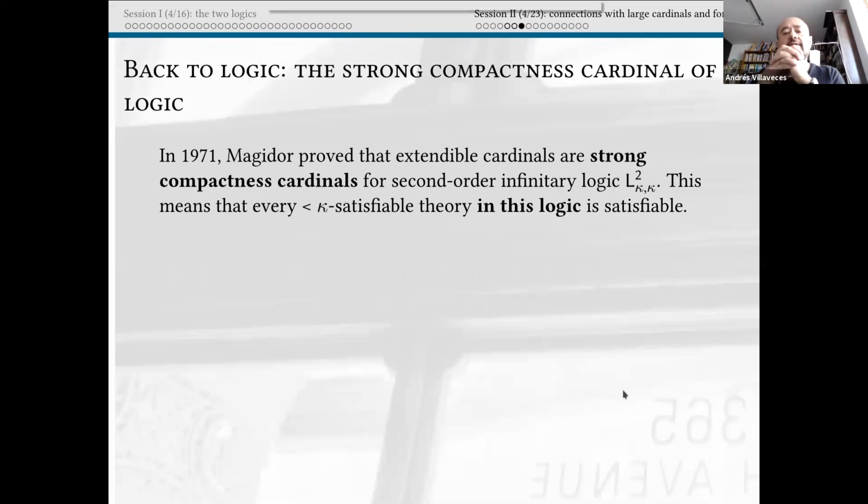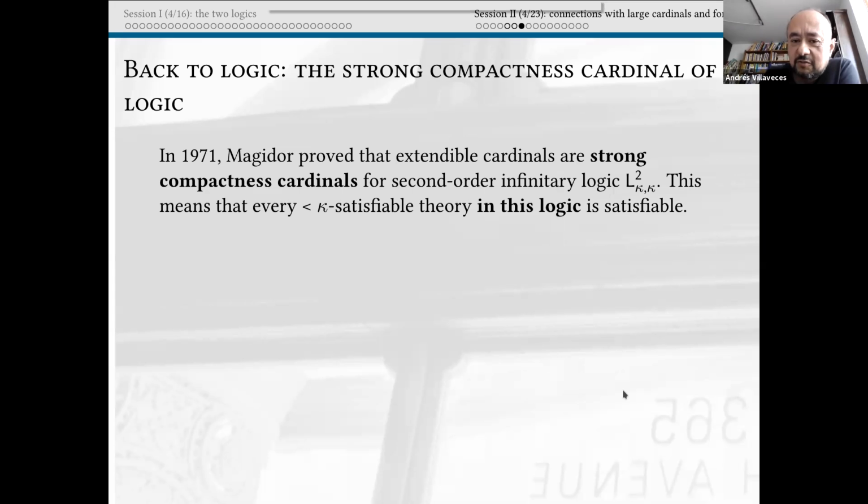Now, let us look at the strong compactness cardinal of a logic, and let's go back in time a lot. Okay, it's embarrassing, 50 years. So in 71, Magidor proved that extendable cardinals, which are like the virtually extendables we had a moment ago but with the embedding in the universe, are so-called strong compactness cardinals for second-order infinitary logic, L^2_{kappa kappa}.